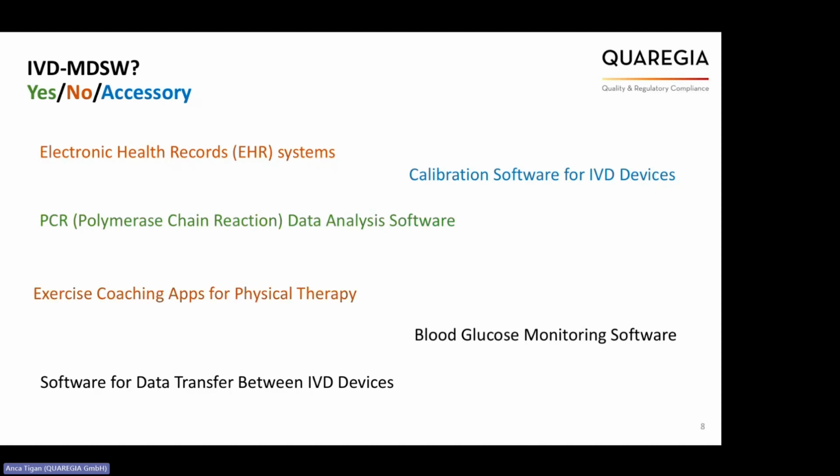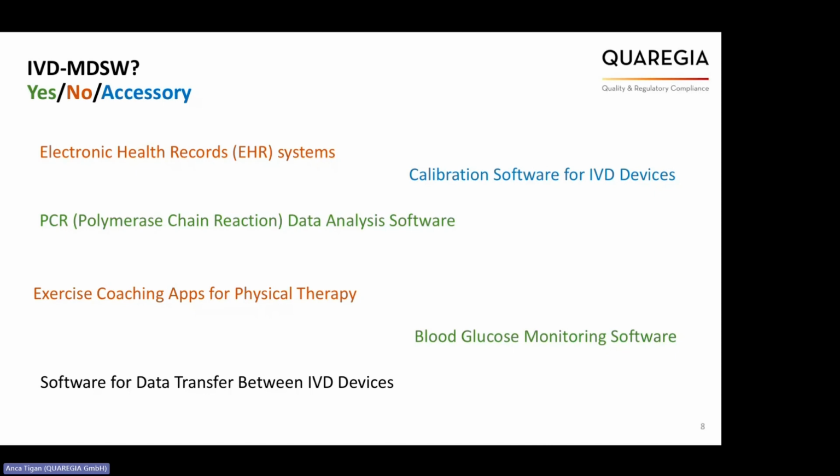And exercise coaching apps for physical therapy would not be considered IVD MDSV because they provide general well-being information and are not really for the benefit of individual patients, meaning they could be used irrespective of the patient's health status. A blood glucose monitoring software, like in the previous example, will conform with all 3 criteria of the MAP.